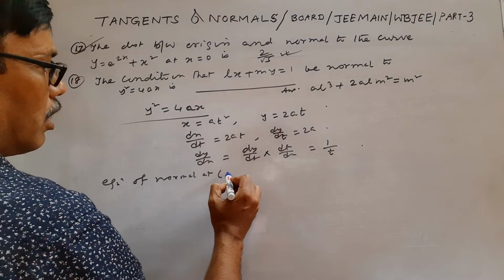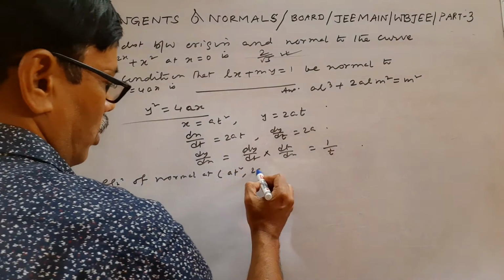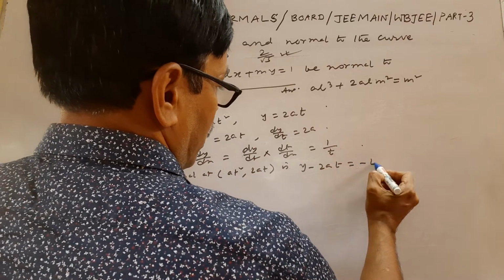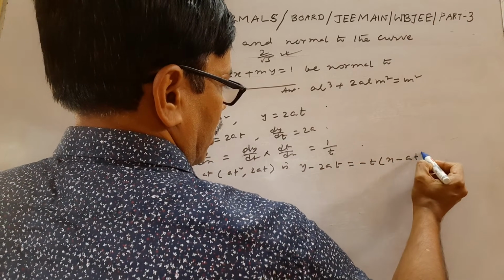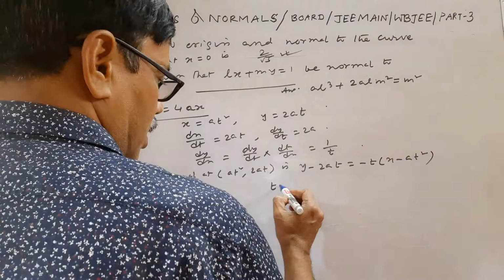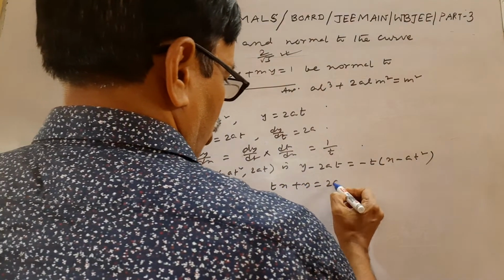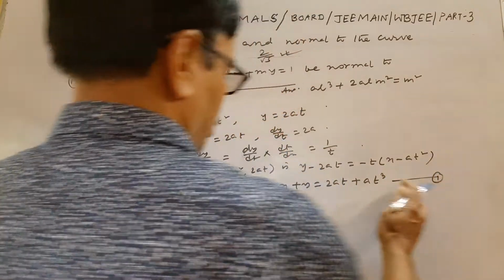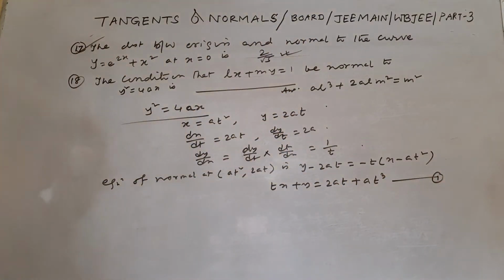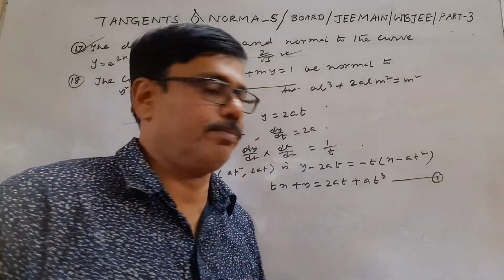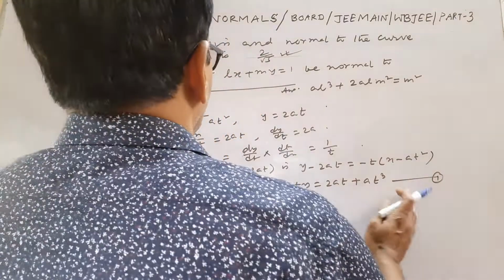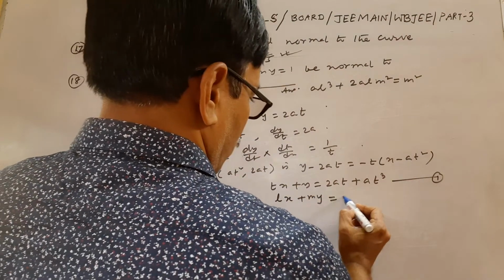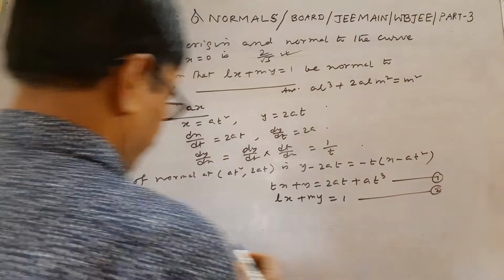So the equation of the normal at at square, 2at: y minus 2at equals minus t into x minus at square. So tx plus y equals 2at plus at cube. You have to remember this result for competitive problems. This is the equation of the normal, and it is also given that Lx plus my equals 1 is also normal.